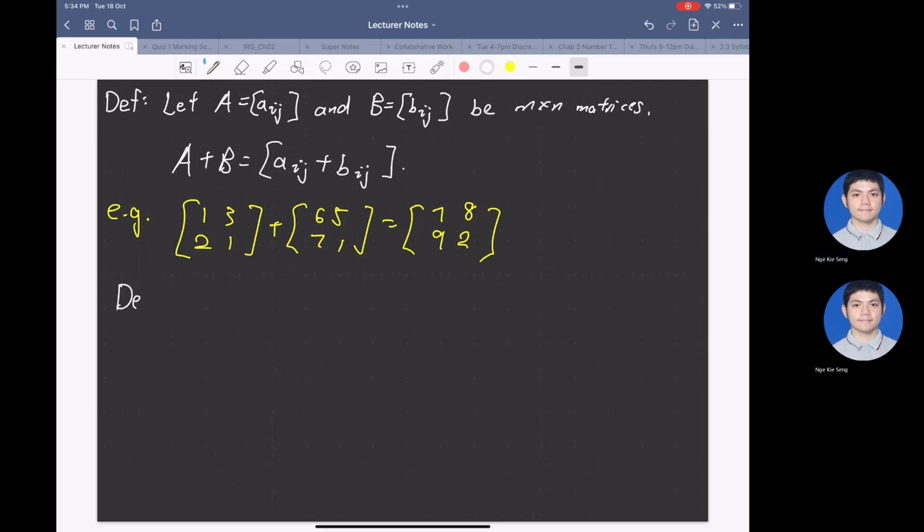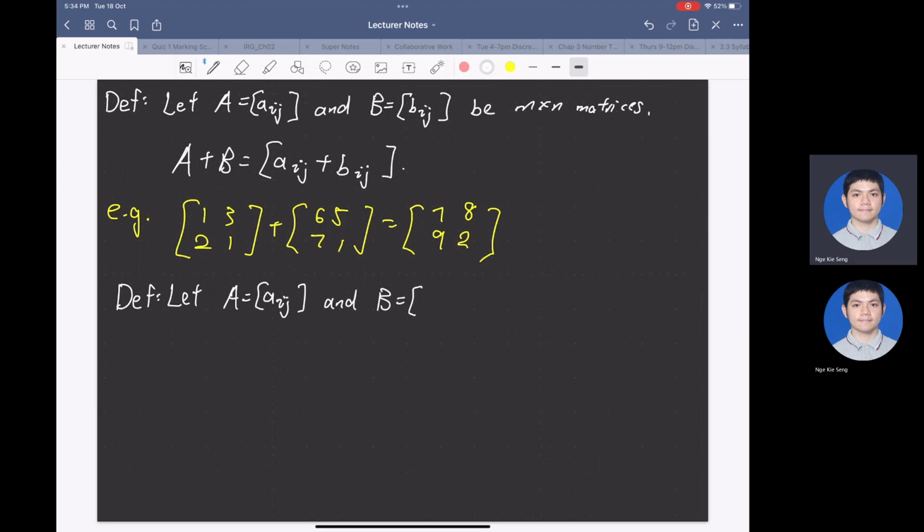Next, how about multiplication? For multiplication, they do not need the same size. But what size should they have?